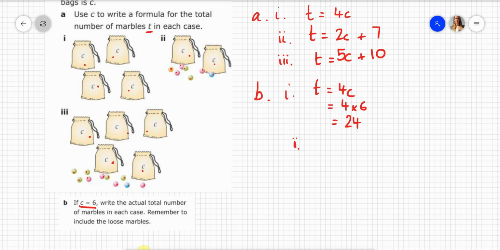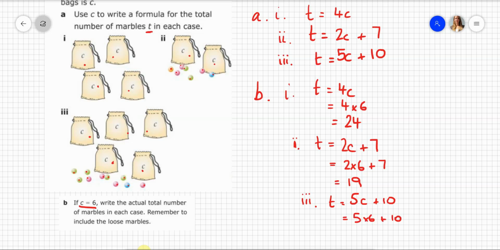For part 2, T equals 2C plus 7, so it's 2 times 6 plus 7, so it's 19. And for part 3, T equals 5C plus 10, so it's 5 times 6 plus 10, so it's 40. So mark those answers, please, and then have a go at question 2.